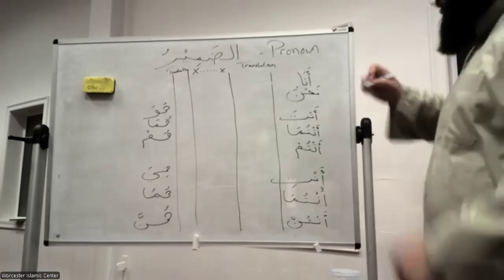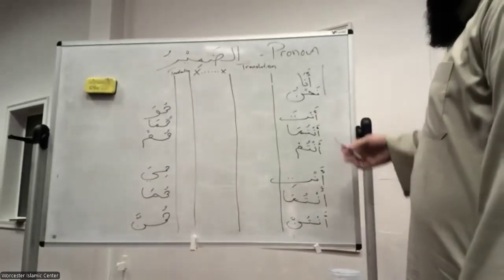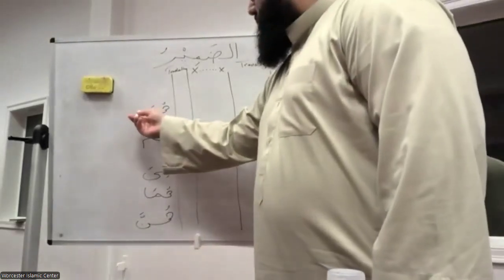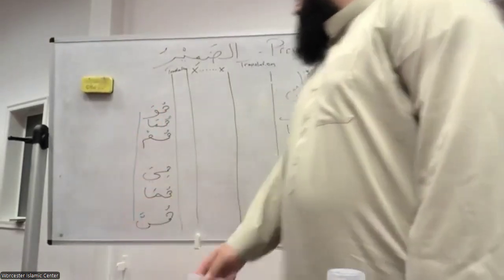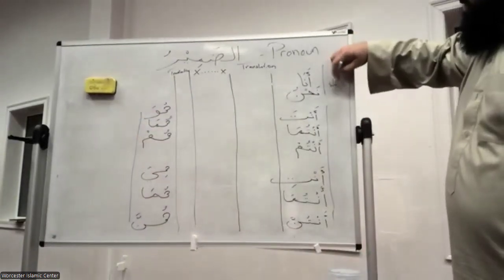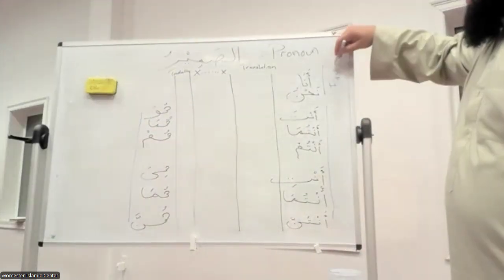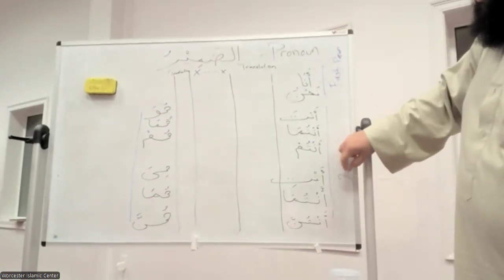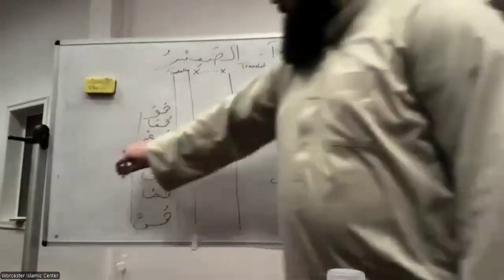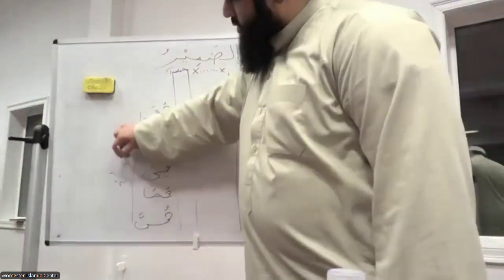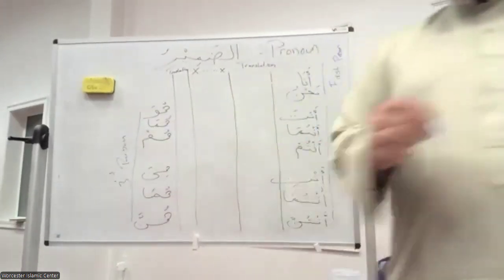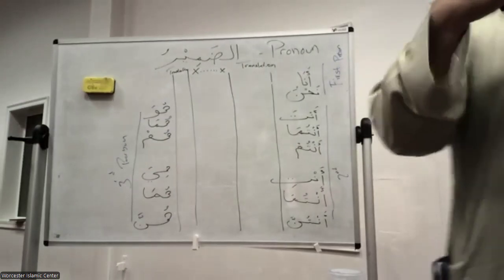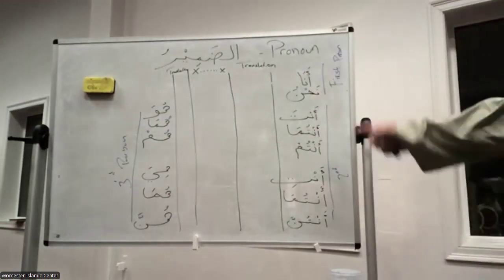So this is first person. This is second person. This is third person. These 2 are first person, talking about me or us.